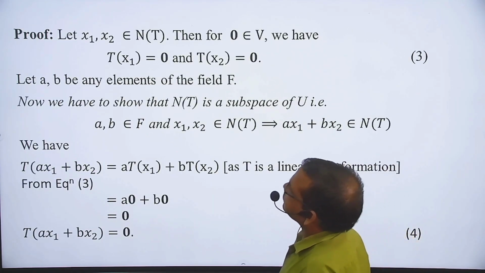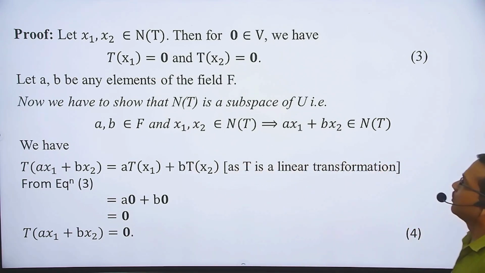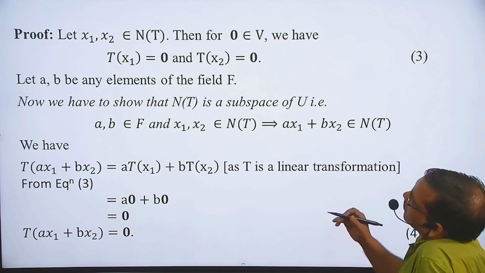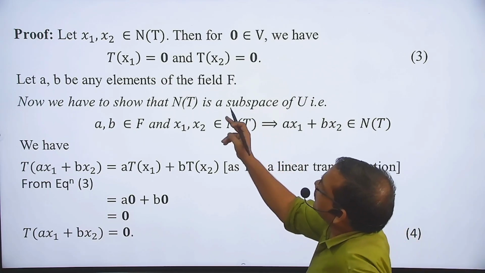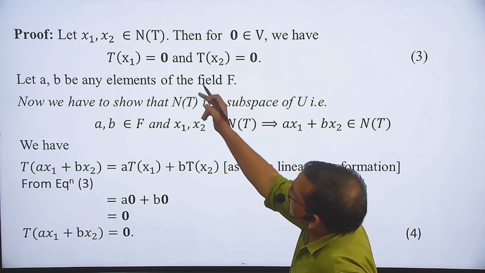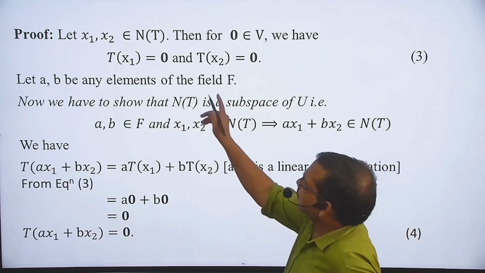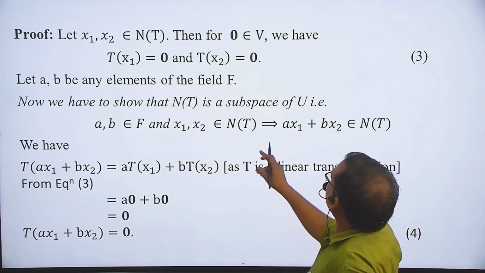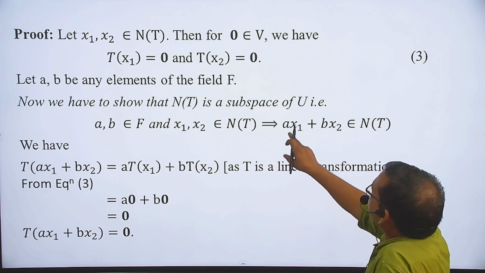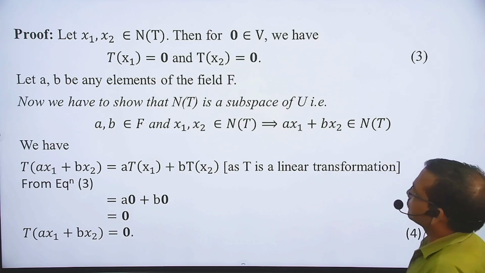For the proof, since we have to show that the null space of T is a subspace, we take two vectors in the null space, and we will see that their linear combination also belongs to this null space.